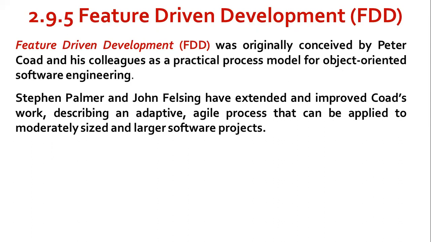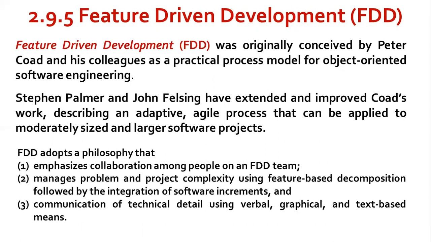Here, like other agile approaches, FDD adopts a philosophy that emphasizes collaboration among the people on an FDD team, and manages problem and project complexity using feature-based decomposition, followed by the integration of software increments and communication of technical details using verbal, graphical, and text-based means.